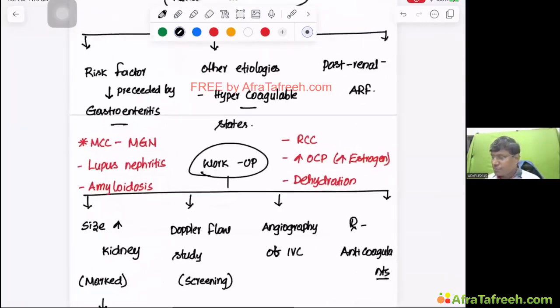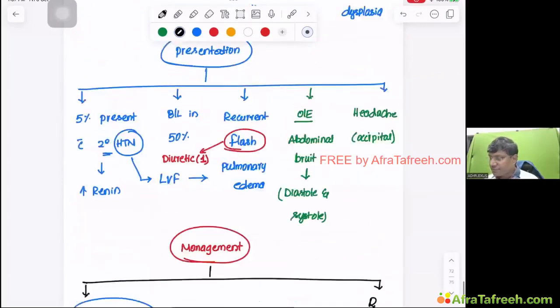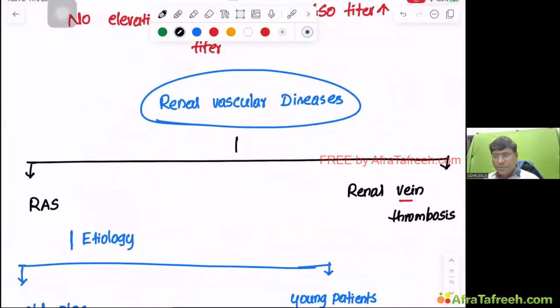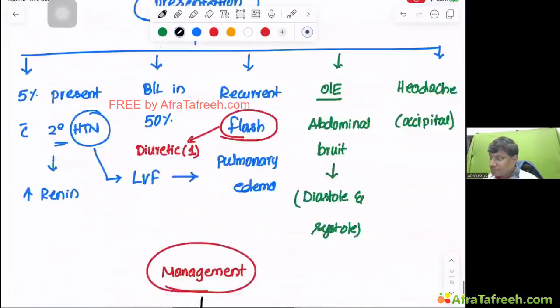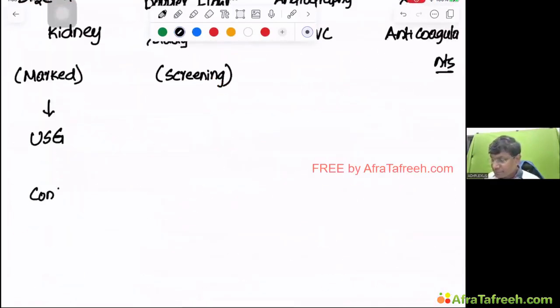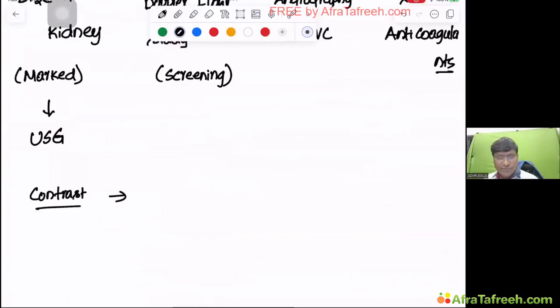Okay. So with this, we are done with the topic of renal vascular diseases. Why not CECT for confirmation of the diagnosis? When you are giving contrast in a suspected case of renal vein thrombosis, what is the effect of contrast on the kidney, Jacob?